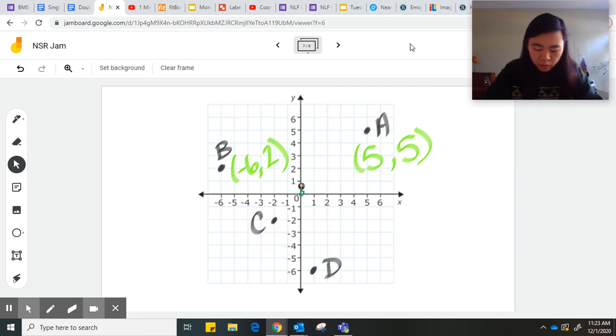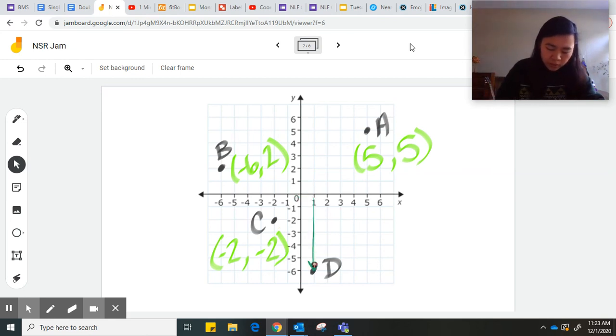Start at 0, we got to go to the left again, so it's going to be -2 and then down 2. This is -2, -2. And then our last point D, that is in quadrant 4. We start at 0. I got to go over to the right 1 and then down 6. So this ordered pair is going to be 1, -6.